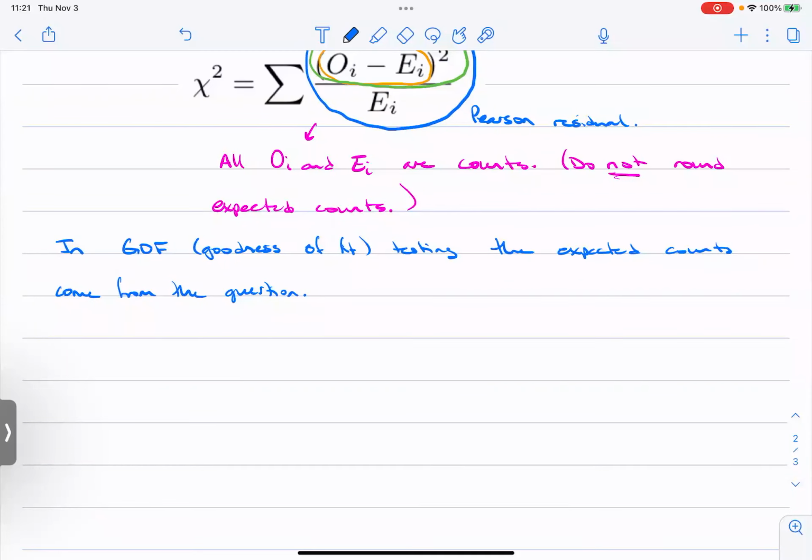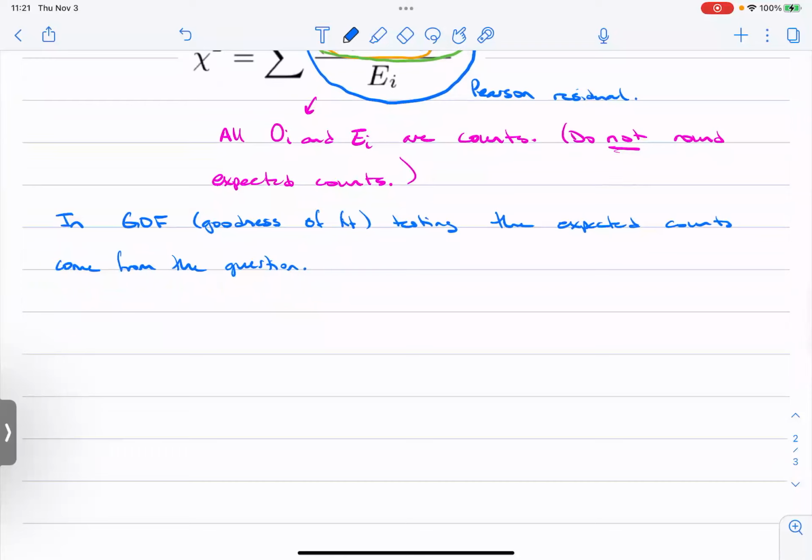You might need to calculate them, right? But what we're expecting, so if I have 200 students and I'm expecting 50% of them to buy the textbook, how many am I expecting to buy the textbook? 100, right? So then you'd have to calculate them, but not really. I'll say may need to calculate.